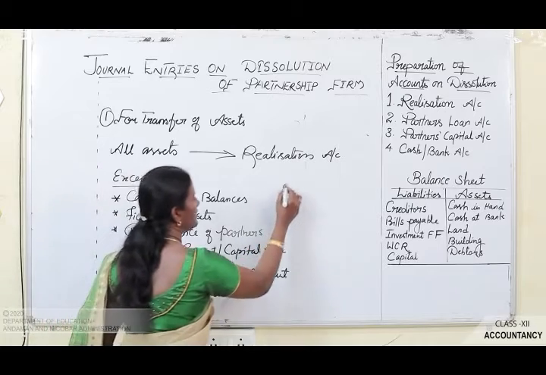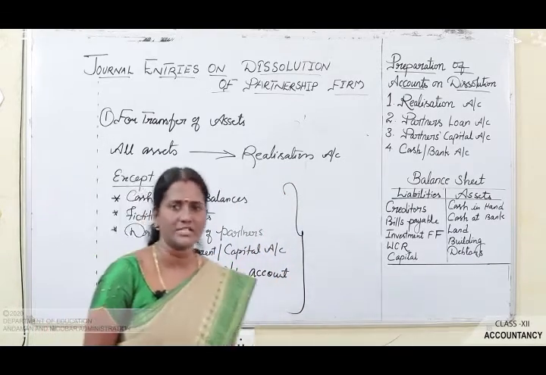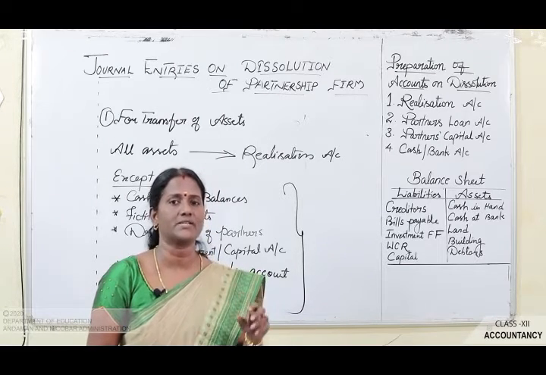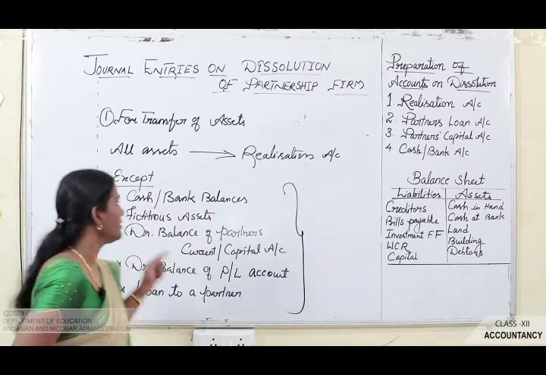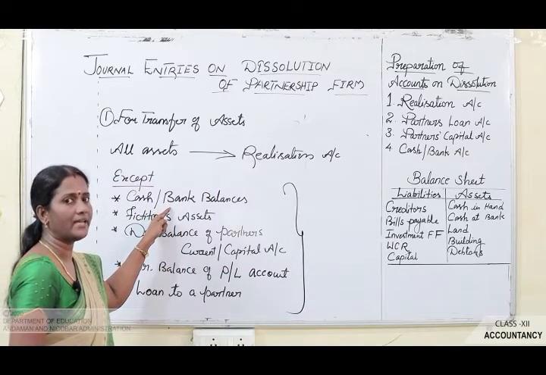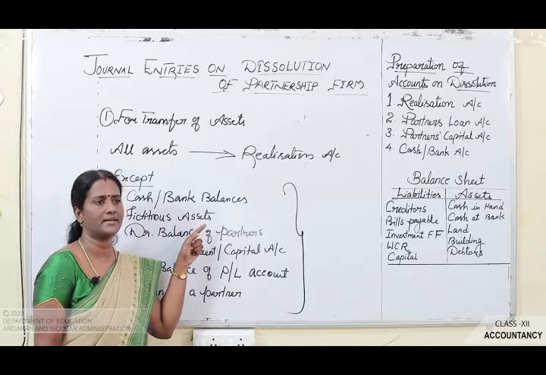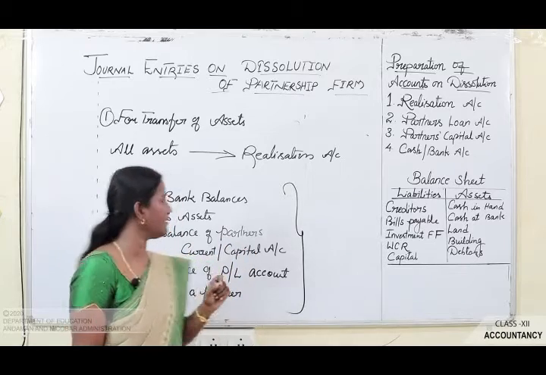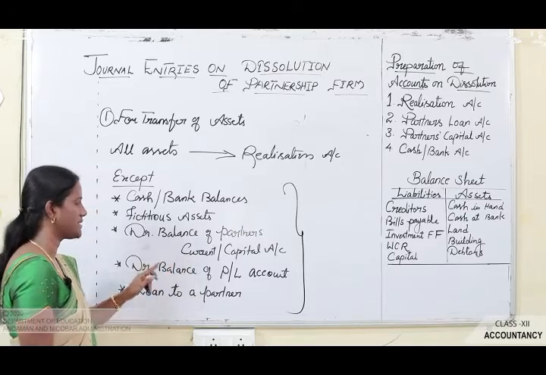So why are these excluded from the realization account? Because we will take only those assets which can be realized or converted into cash. Here cash at bank is already in liquid form. Fictitious assets are just imaginary assets which cannot be realized. Then the debit balance of partners' current and capital account is a loss, it can't be transferred.